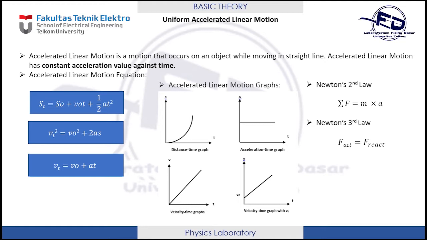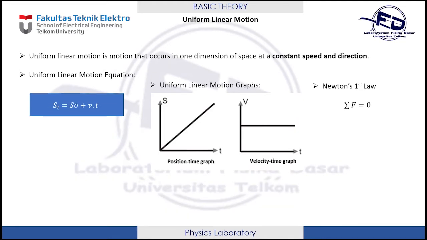In the uniform accelerated linear motion, there are two applicable laws, namely Newton's second law that can be formulated with the equation sigma F equals m times a, and Newton's third law which states that F action equals F reaction but has the opposite direction.